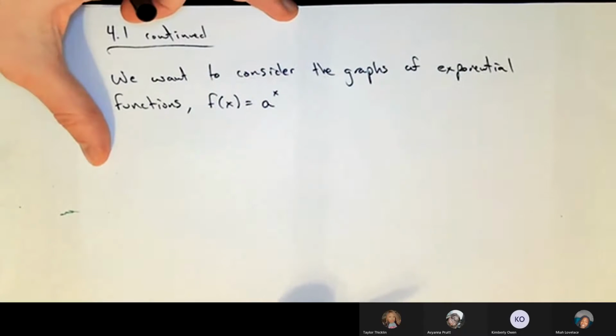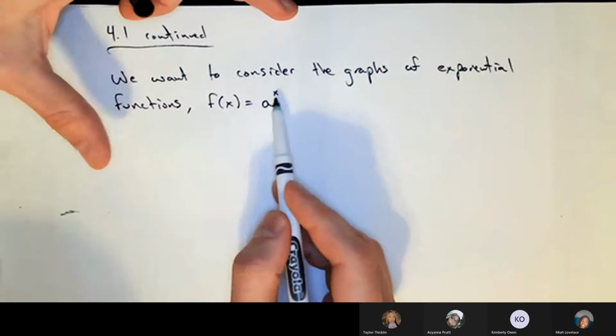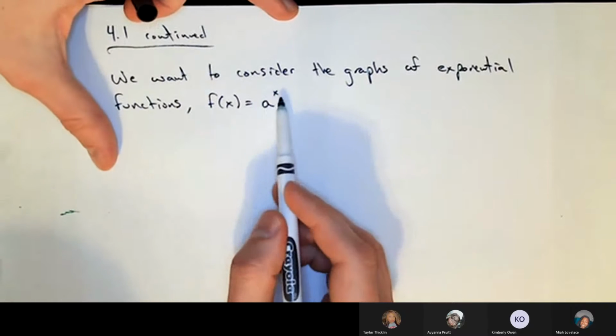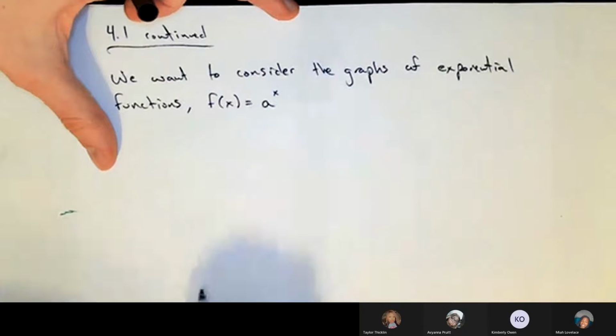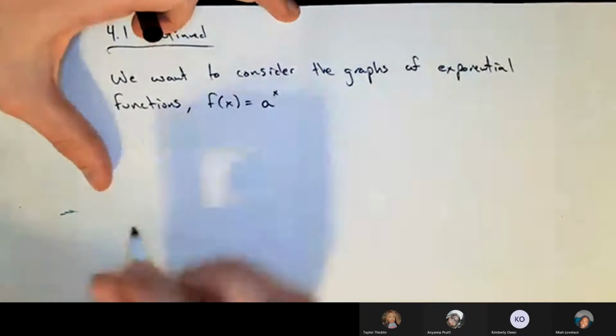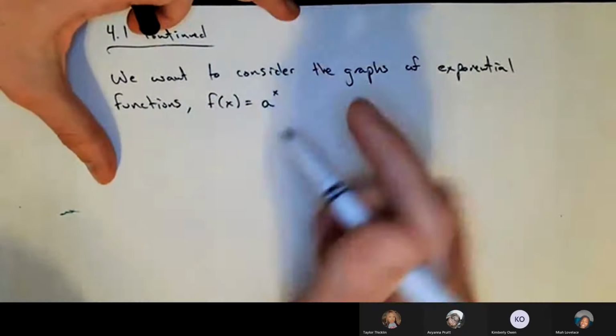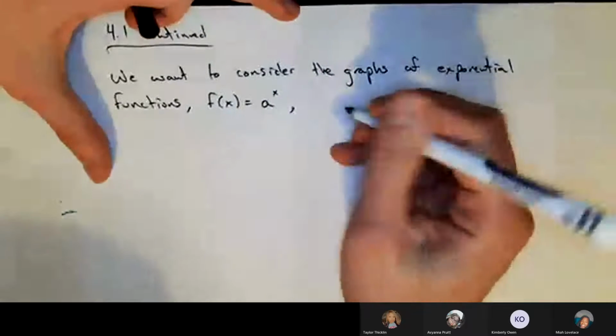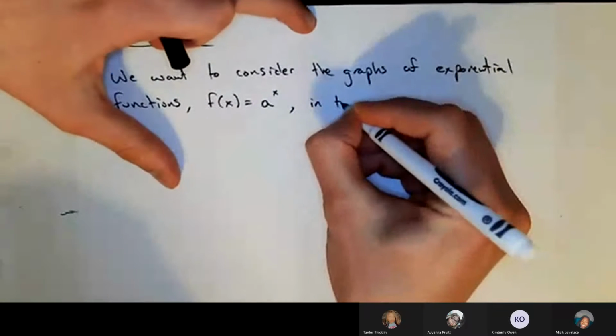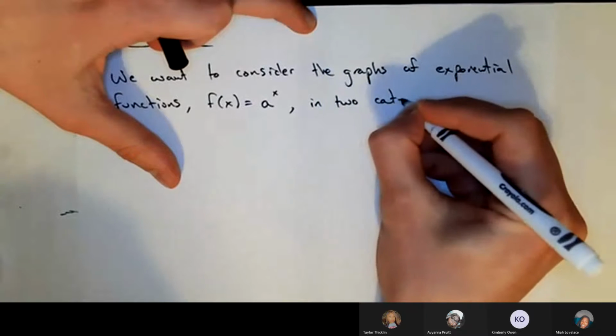So the variable is in the exponent position. That's the thing that is varying. As the input changes, that exponent is changing and the base is staying the same. So we want to consider the graphs of exponential functions like this in two categories.